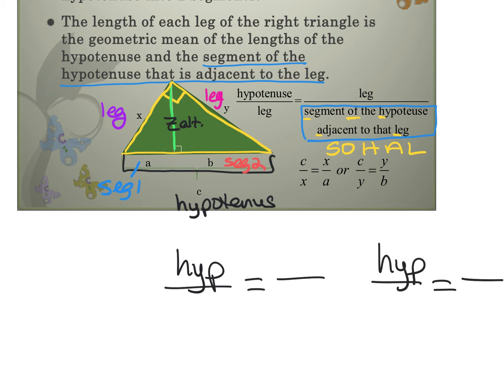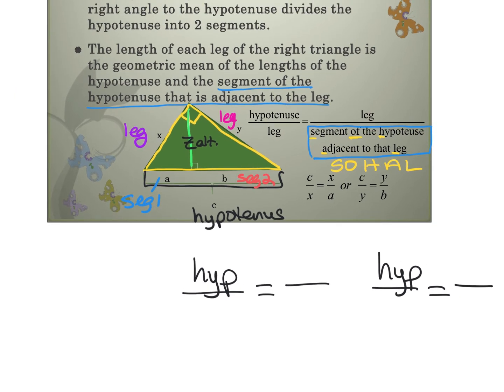And then what I'm going to do here is notice in the thing, I'm going to put the leg. So I'm going to put a purple leg here, and then the SOHAL. What this means is it's the segment of the hypotenuse. So the piece of the hypotenuse that is adjacent, that is next to the leg.